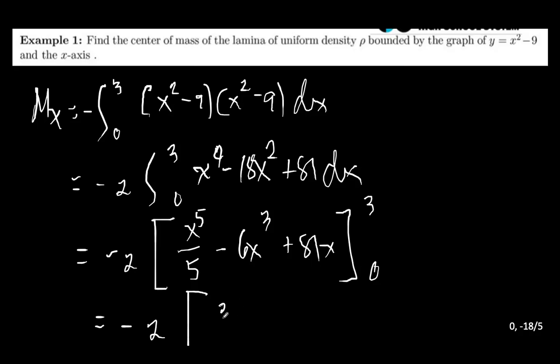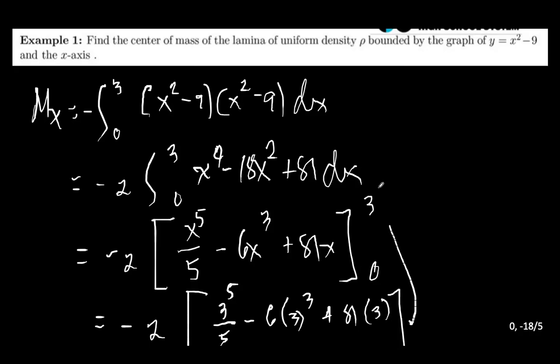So we have 3 raised to 5 over 5 minus 6 times 3 raised to 3 plus 81 times 3. And the other one is 0 because this is 0. Let's simplify. 3 raised to 5 is 3 raised to 4 times 3.